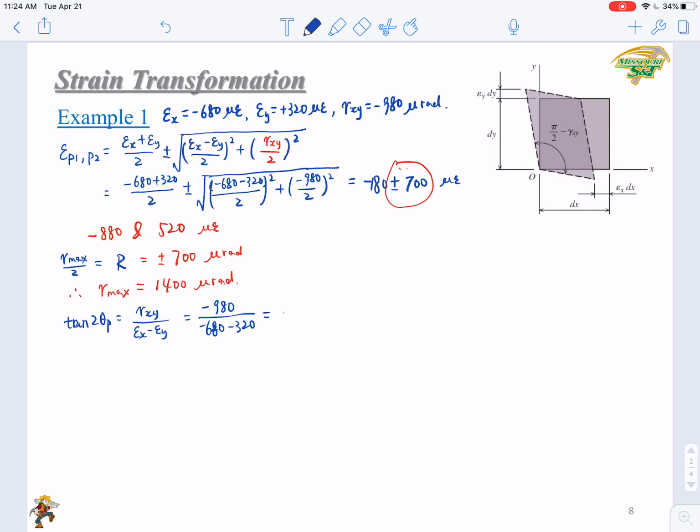Then this is 0.98, which can be easily solved. So here the 2 theta p will be 44.42 degrees. In this way, your theta p will be 22.21 degrees.